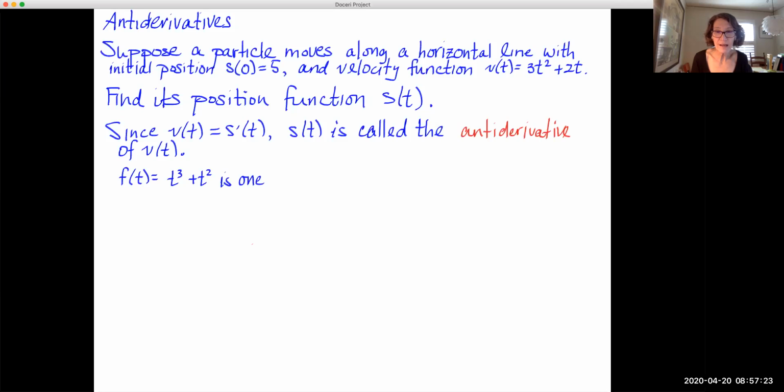So if we let f of t be t to the third plus t squared, that looks like it could be an antiderivative. In fact, it is one antiderivative, because if we differentiate f, we get 3t squared plus 2t. So that could be the position function, because when we differentiate it, we get the velocity.